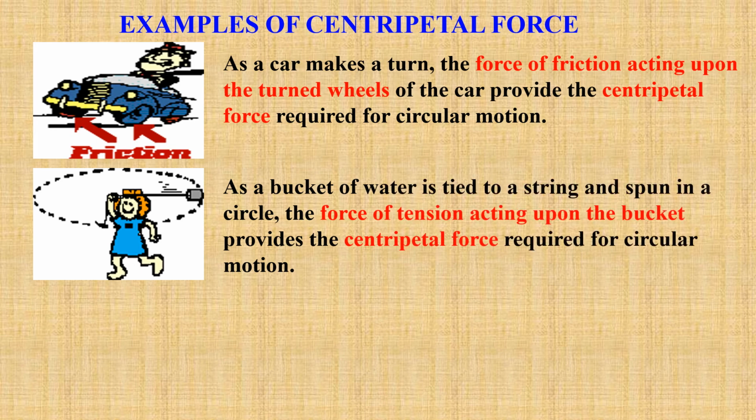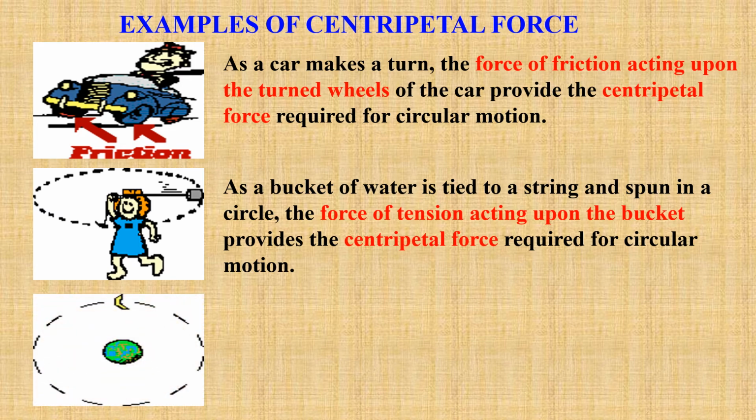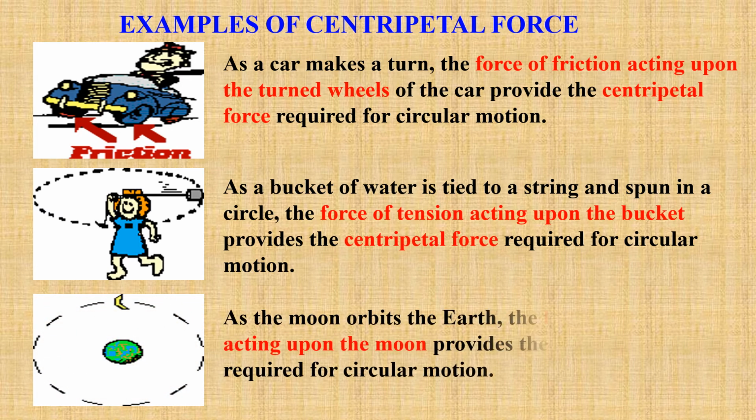As a bucket of water is tied to a string and spun in a circle, the force of tension acting upon the bucket provides the centripetal force required for circular motion. As the moon orbits the earth, the force of gravity acting upon the moon provides the centripetal force required for circular motion.